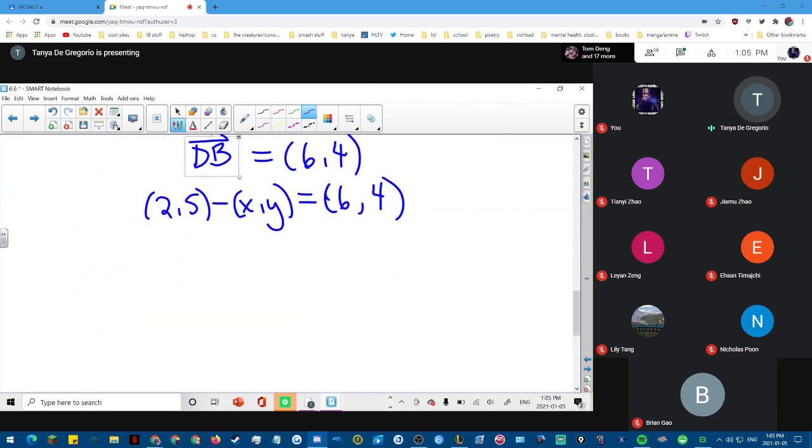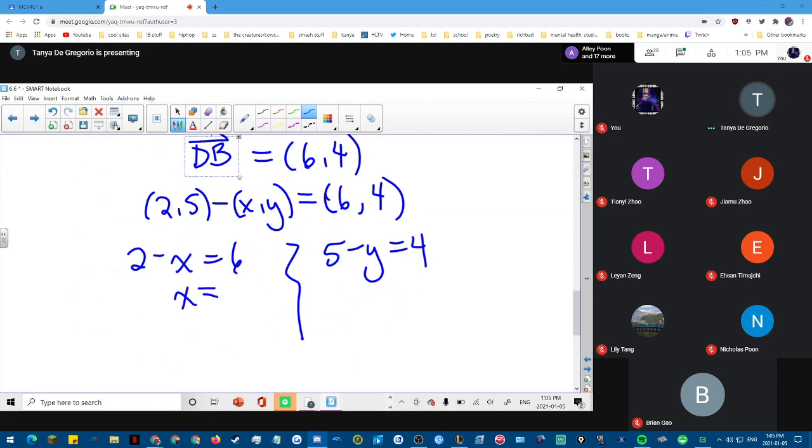From here I can see that 2 minus X has to equal 6, and 5 minus Y has to equal 4. Now it's very easy to solve for X and Y. We can see that X is equal to -4, and Y is equal to 1. And so this is how you would show it algebraically.